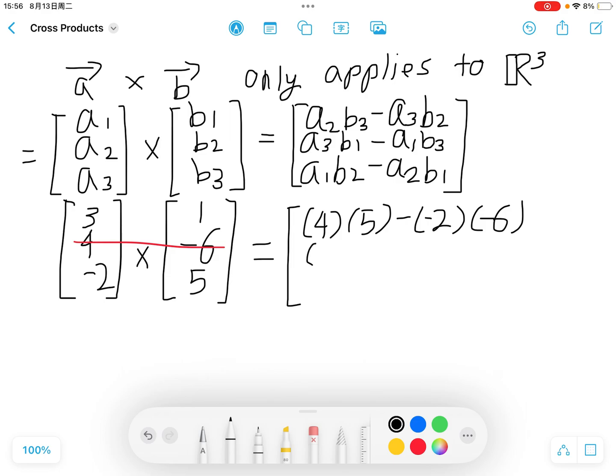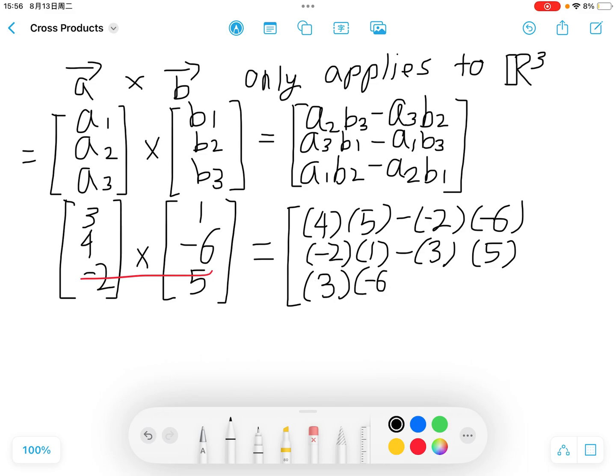We take negative 2 times 1, so A3 times B1, minus 3 times 5. For the third component, we ignore the third row. We do the same thing again as the first row: 3 times negative 6 minus 4 times 1. This is going to be our resulting vector.